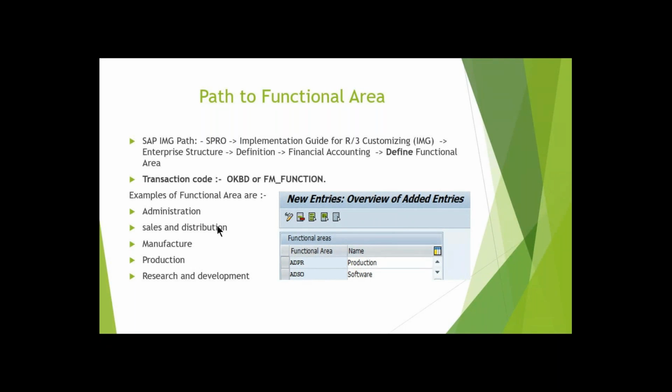I have not taught you to assign a single thing to the company, because we don't need to. While you are doing the transaction, you will be selecting these codes, and when you select that, that particular transaction will be recorded into that particular functional area only.